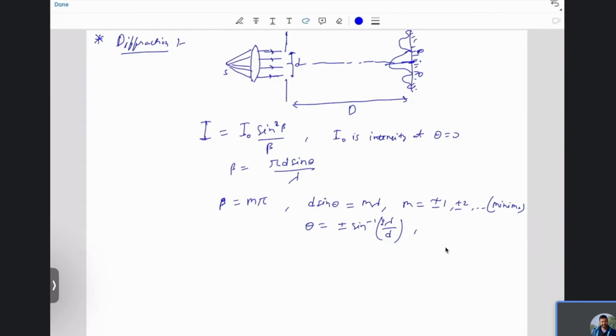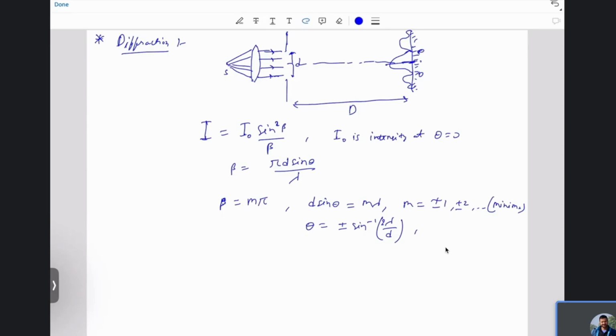So the maximum value of m is the integer which is less than d by lambda, right? m will be less than d by lambda, because if it is not satisfied, then sine theta will go beyond the value of 1, which is not allowed. So it is just a simple thing to note.